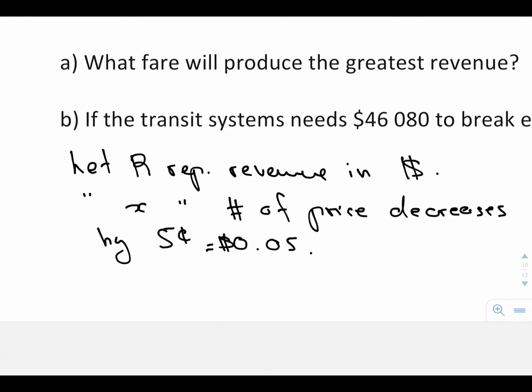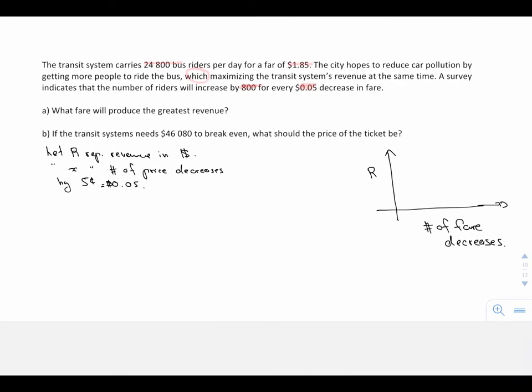I think I'm going to stick with that second representation in this case. So here are my variables, my let statements.